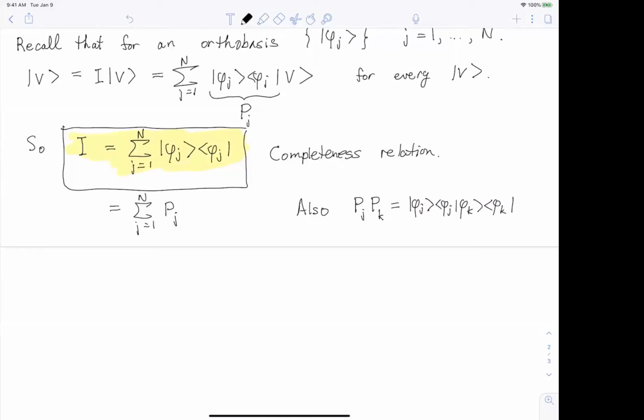But because it's an ortho basis, <phi_j|phi_k> is equal to the Kronecker delta. That's what an ortho basis means. And so that means P_j P_k is equal to delta_jk times P_k. So it's 0 unless j and k are the same thing. And if they are the same thing, then I only need the P sub k projection operator. I don't need them both. Okay. Any questions on that?